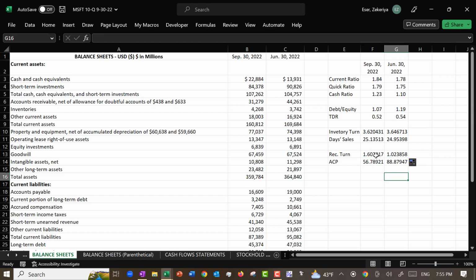For Microsoft, it varies, but it's between 2 months and 3 months. Again, if you're a receivables manager, you want to make this as small as possible, because by definition, on accounts receivable, you don't charge any interest. But if you extend trade credit to firms, you don't give them a discount. If they pay you cash, you give them a discount.